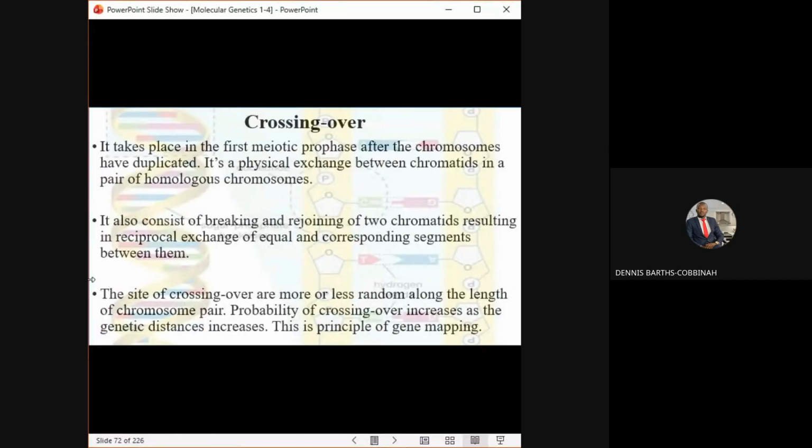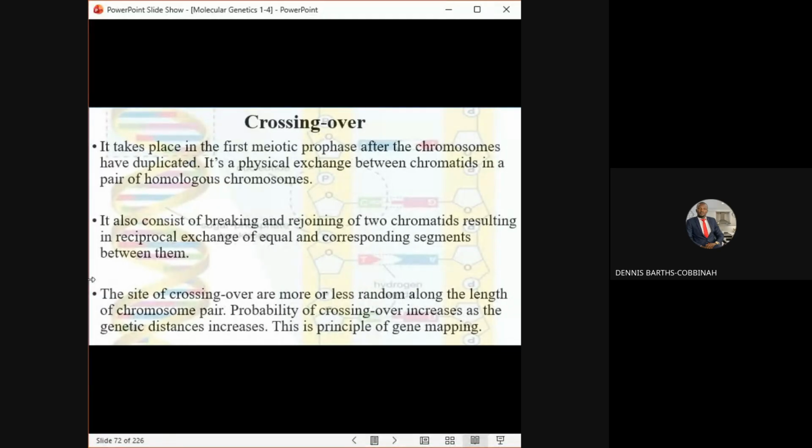So crossing over takes place in the first meiotic phase after chromosomes have duplicated, in the packaging stage of prophase 1, as I have said already. It is a physical exchange between chromatids, like we have seen in a pair of homologous chromosomes.